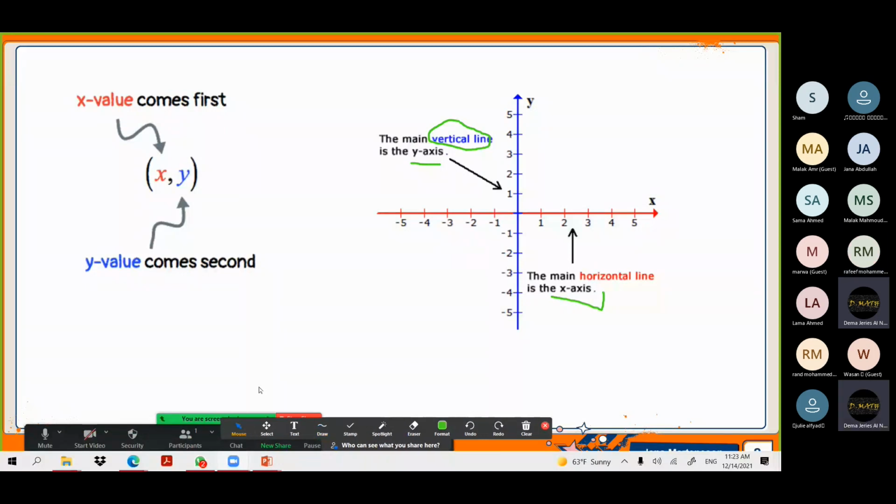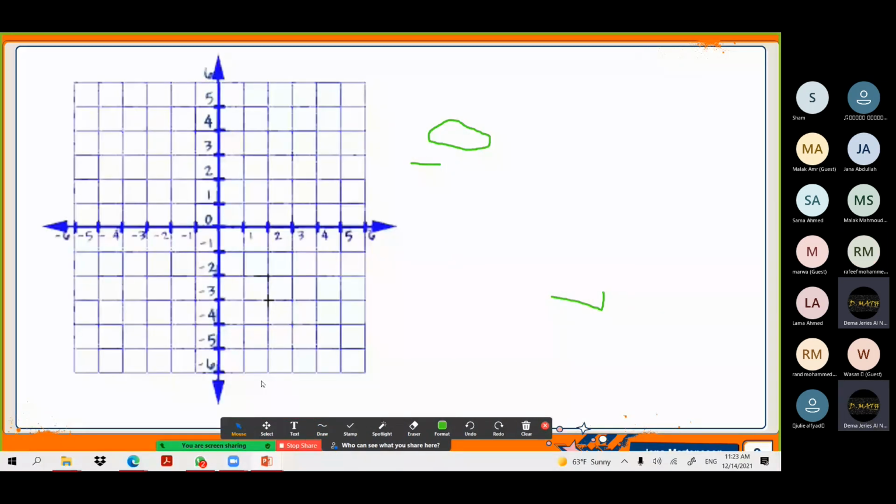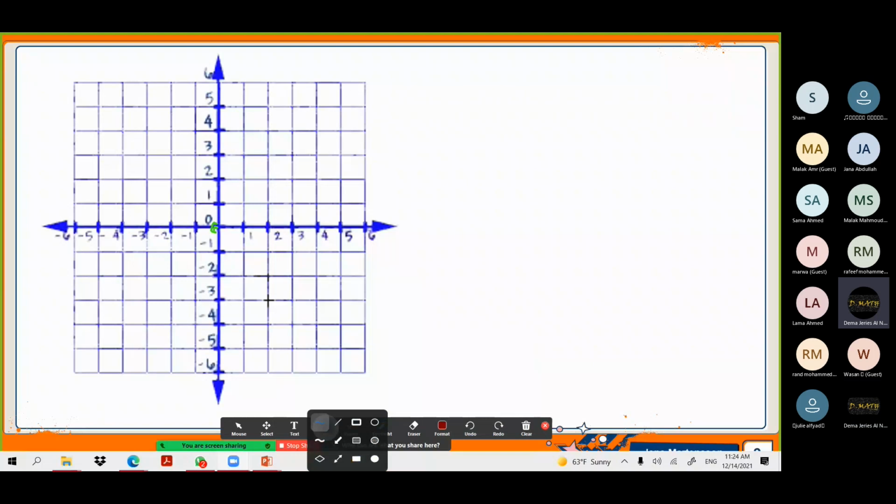Now let's talk about something new today. Here we have 0. Look at the values to the right of 0. Are they positive or negative? Positive. To the left, negative. Upward from 0, are they positive or negative?